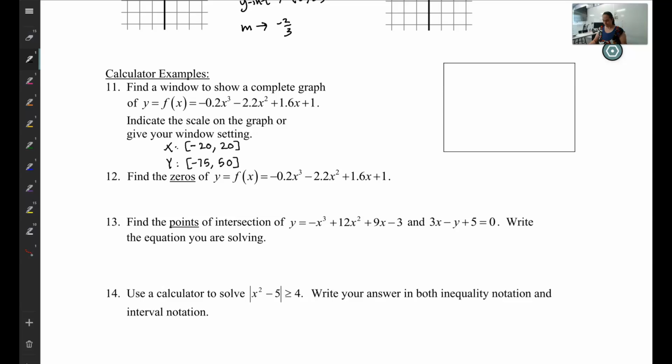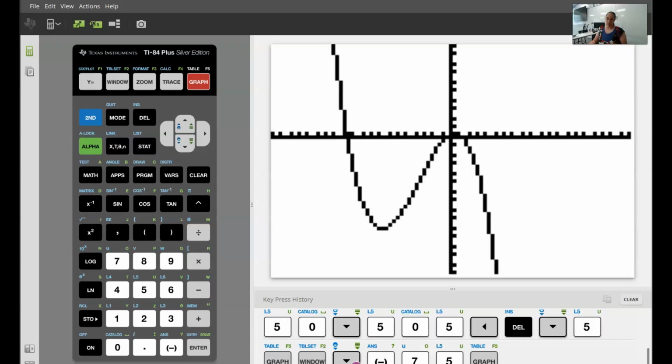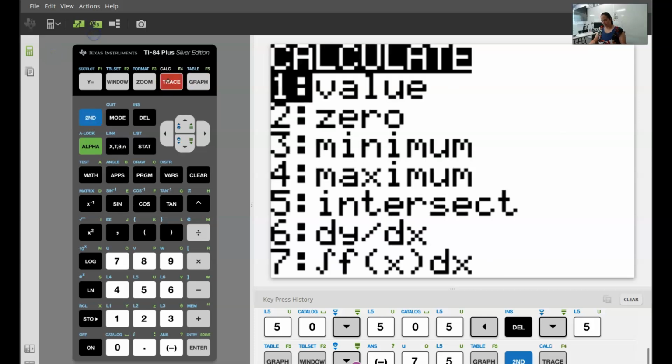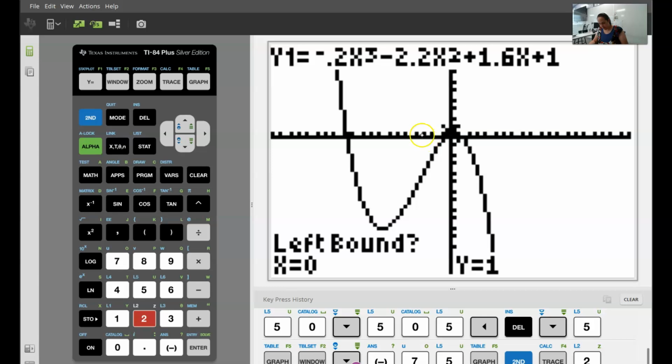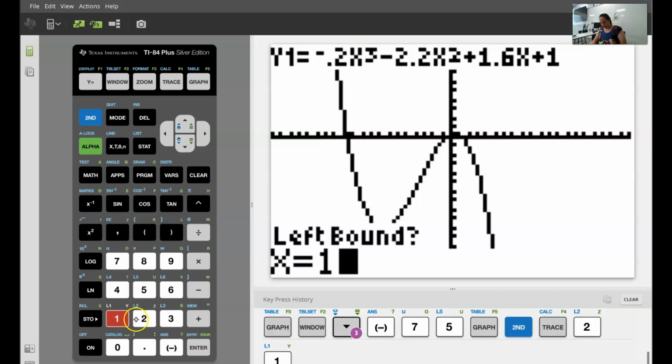That was our window. Next, we want to find the zeros. Zeros are in second trace. It takes you to a calculator menu, and you have 0 right there too. So zeros are basically x-intercepts, except for with zeros, we don't need to write them as coordinate points, which you'll see in a little bit. So I want left bound. Now I can arrow over a whole bunch to get over there, or I can just type it in.